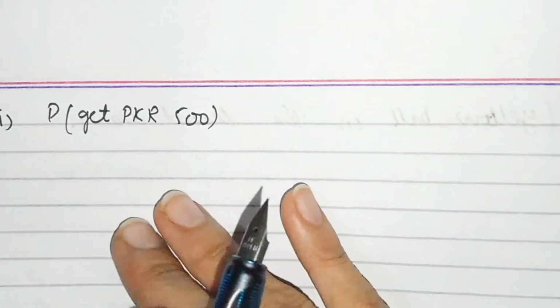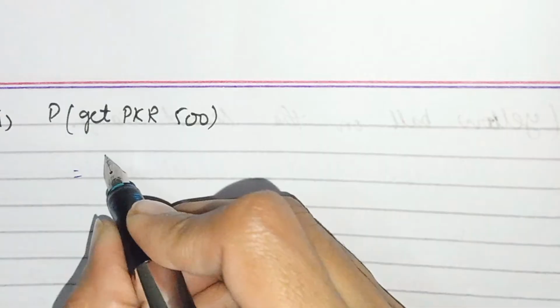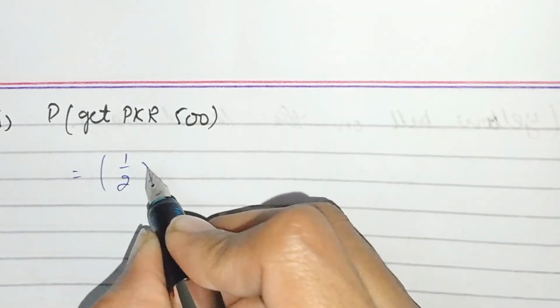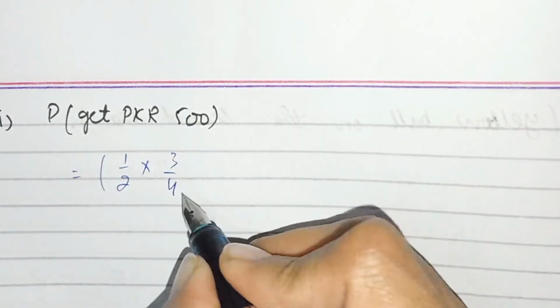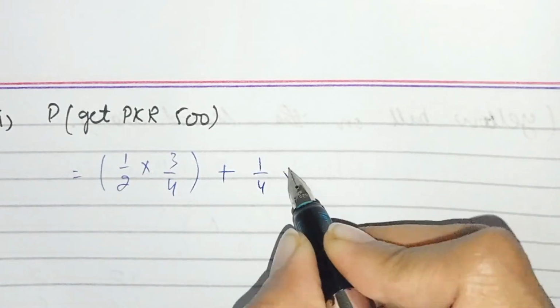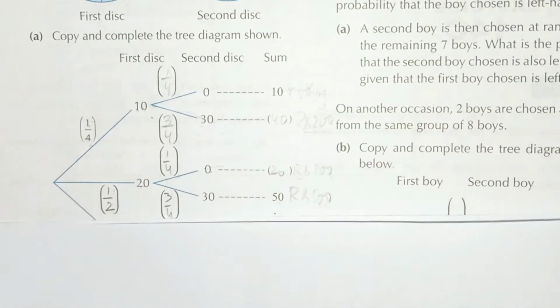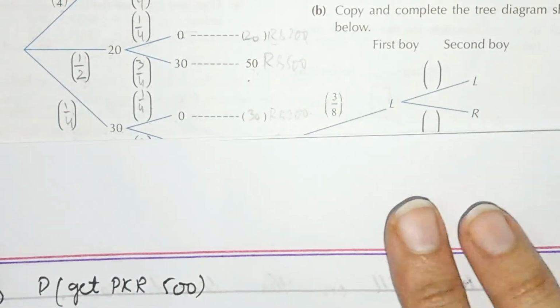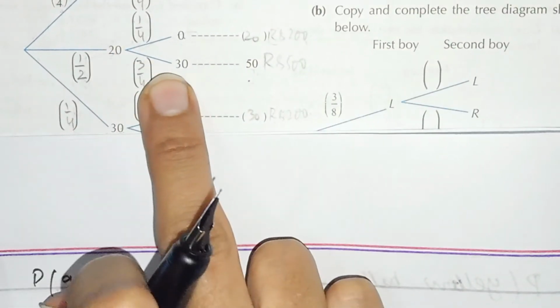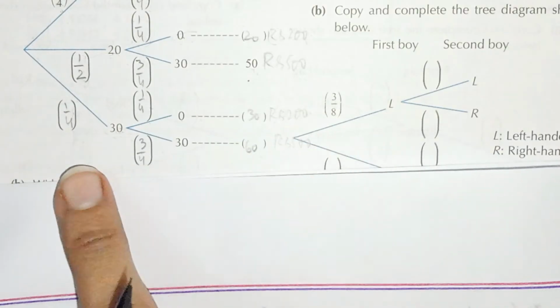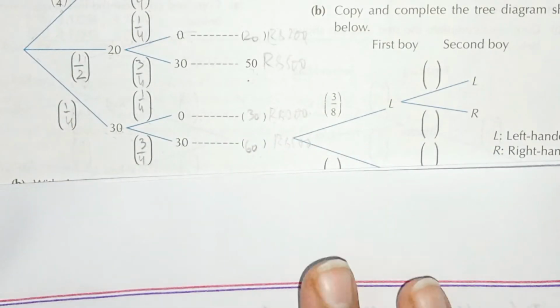Now the probability of getting the rupees 500, and it is 1 by 2 and 3 by 4, 1 by 4 and 3 by 4. Now you can observe the tree diagram, that I have written the values 1 by 2 and 3 by 4, and 1 by 4 and 3 by 4.